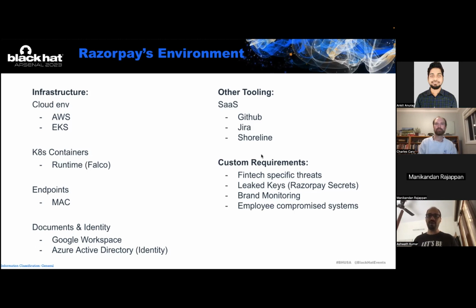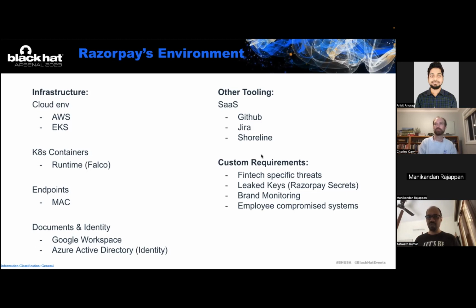Now the custom requirements that we had. Razorpay is a payment gateway where we process over $1 billion a year, and we have 10 million plus merchants. For every merchant, we give them a specific key, a merchant key and a secret. Sometimes merchants might check these keys into GitHub, or hard code them in APKs and so on.